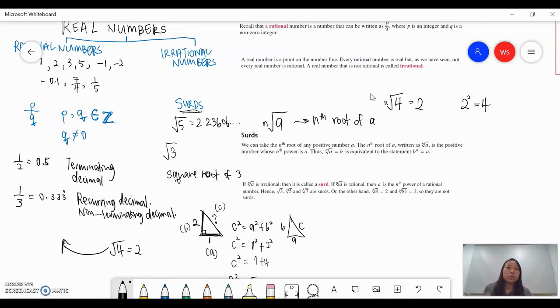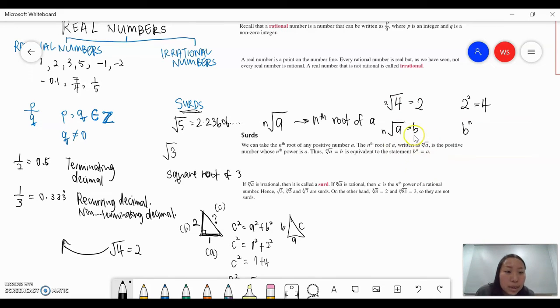As we try to write a generalized statement for that, we can express this as nth root of a equals b. In that sense, n is 2, a is 4, and b is 2. This is equivalent to the statement b to the power of n.